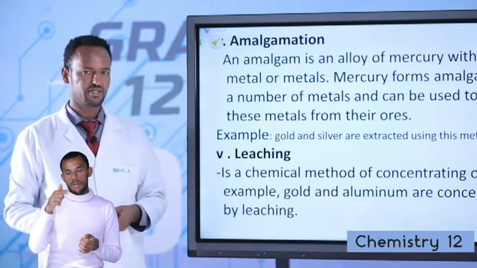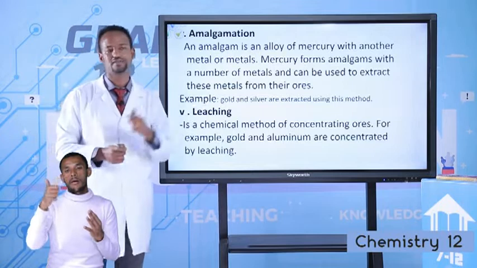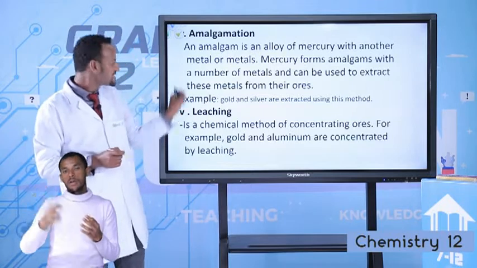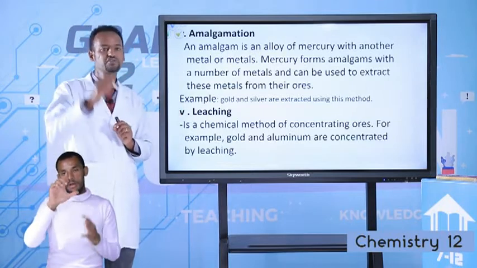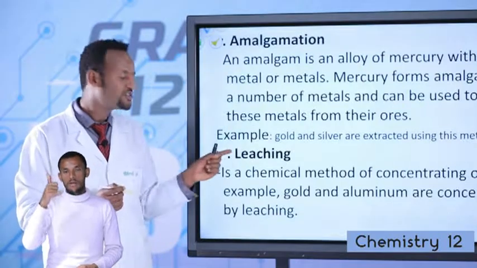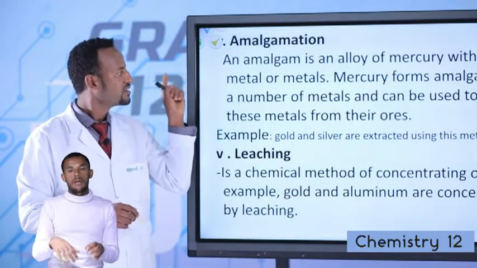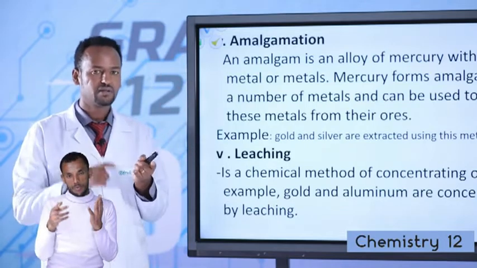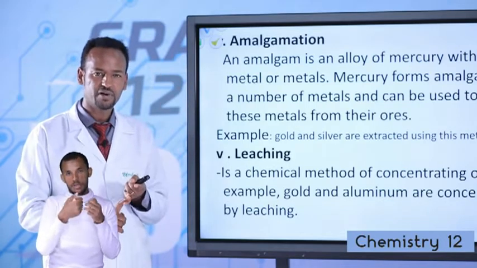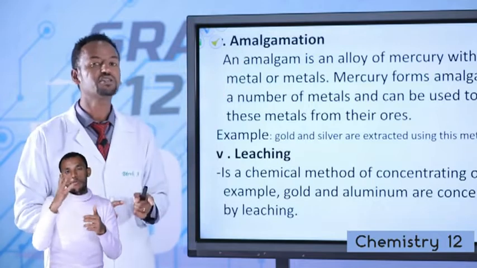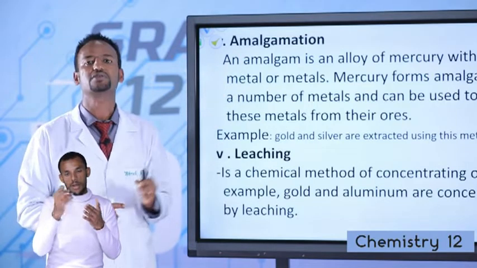The fifth one is leaching. Leaching is a chemical method. Leaching is different from the above four methods of concentrating the ore. Why? Because leaching uses chemicals. The four, gravity separation, magnetic separation, froth flotation, and amalgamation, are not chemical methods. They are physical processes.